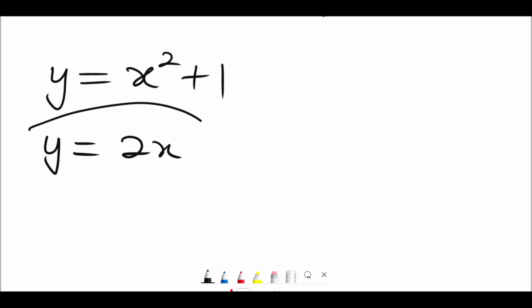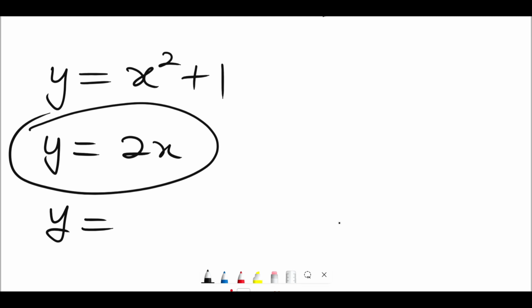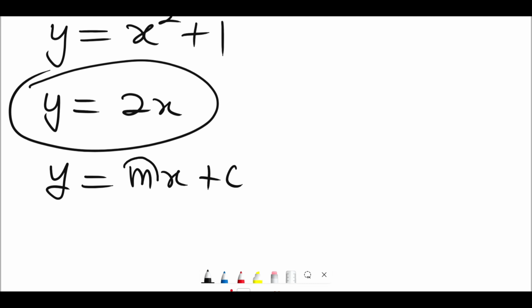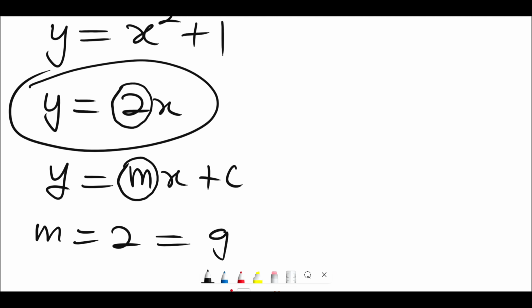Now let us find the gradient of this line and see what will happen. We just compare it to the general form of a linear equation, which is y is equal to mx plus c. The gradient here is the m, so we compare the coefficient of the x. The coefficient of the x here is 2. So we conclude that our m is equal to 2, which is the gradient.